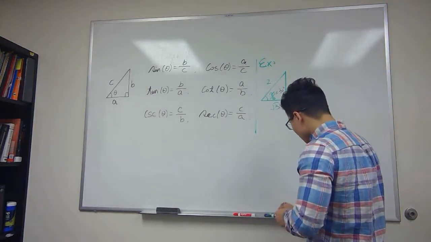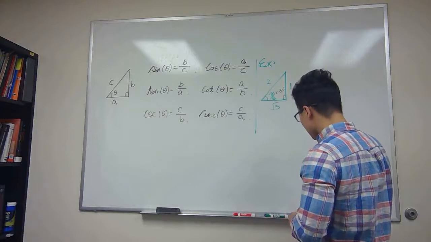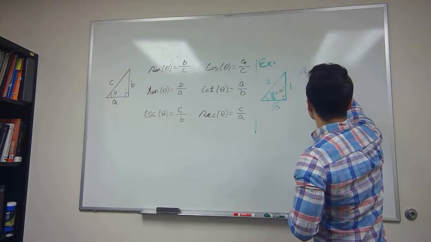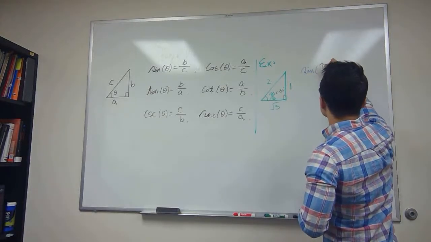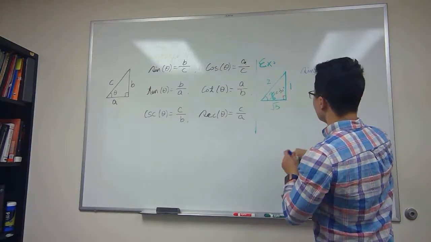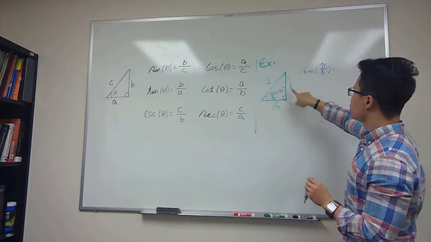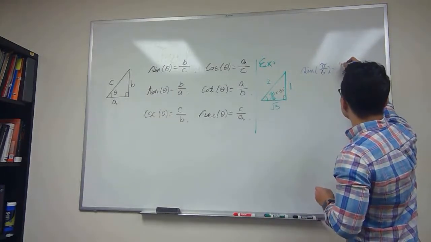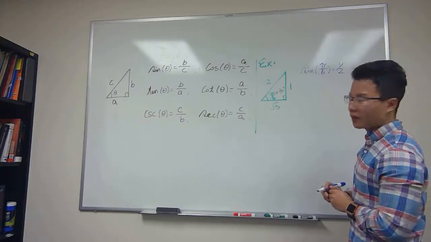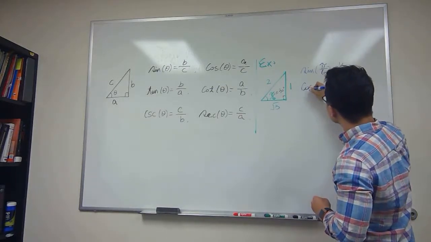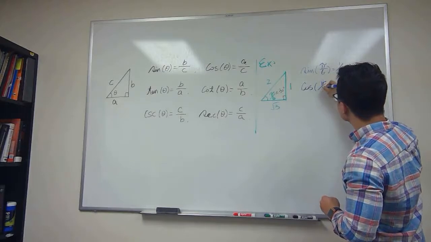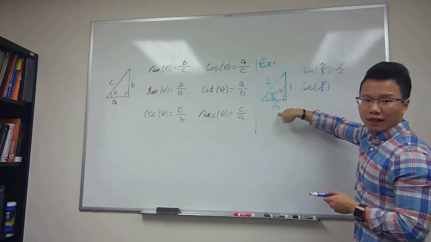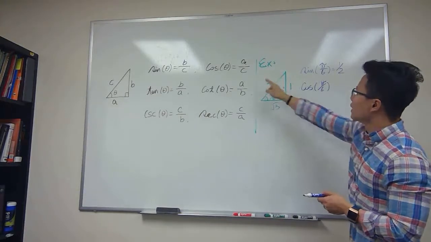The sine of pi over 6, if you look at it, opens up to this 1 with the longest length, so that will be 1 over 2. The same thing for cosine of pi over 6. We used the 1 already, so we have root 3 left, over 2.